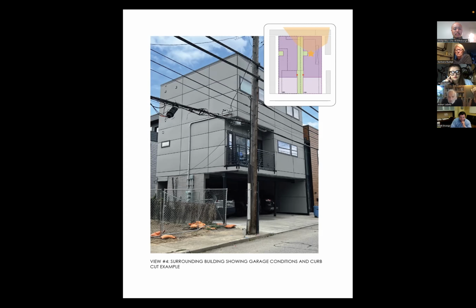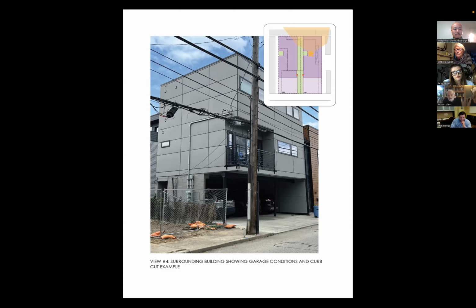We are proposing exactly what is next door to us, and there's a picture of it. That's a 2-car garage, or 3-car. But now, as Zach has mentioned, you're adding additional curb cuts.